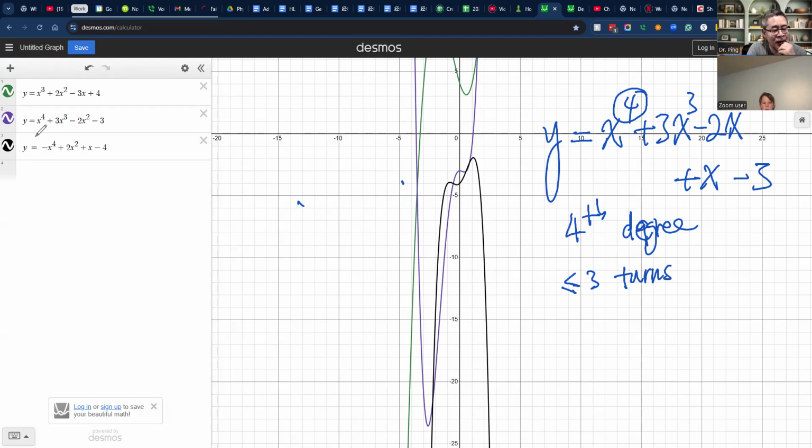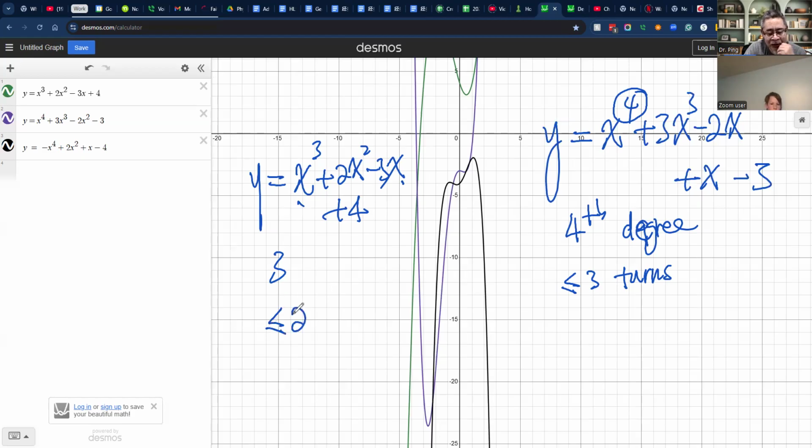And so you can see that when we have y equals x to the third plus 2x squared minus 3x plus 4, our degree is 3, and we have at most 2 turns. It won't be more than that. And sometimes we only have 1 turn, but at most it is 2 turns.